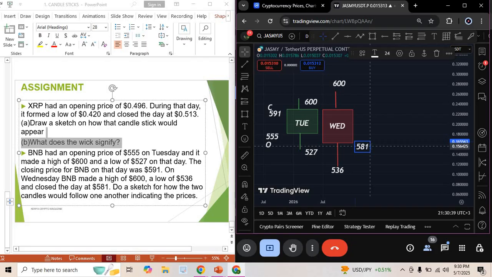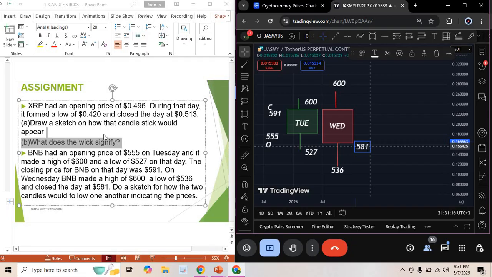It said that the low was 536, then for the previous candle, which was Tuesday, its low was 527. So I was thinking the Wednesday candle's low should be above the previous candle's low, if we arrange the prices in order.